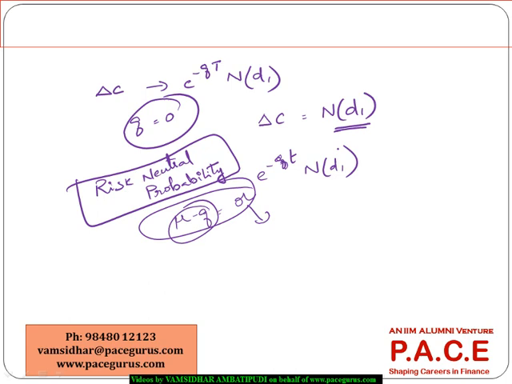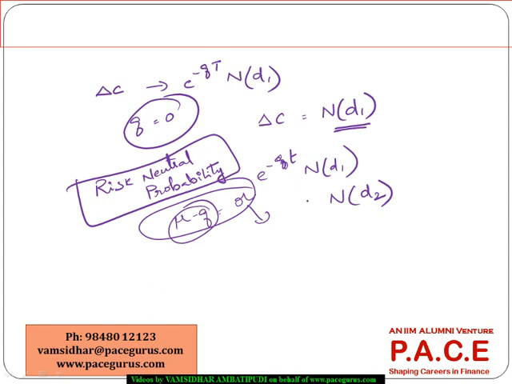So those are the two interpretations of N of d1 and N of d2. Even if the underlying asset pays a dividend or does not, it doesn't matter for the option expiring in the money. I am calling N of d2 the option expiring in the money only under a risk-neutral probability scenario.